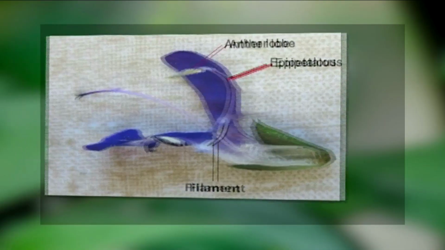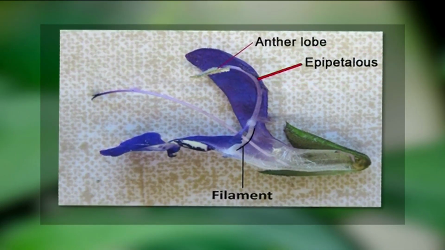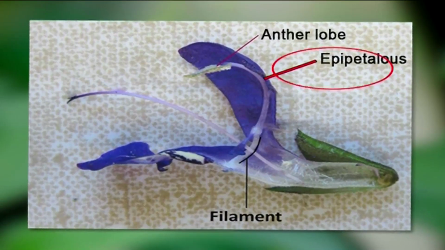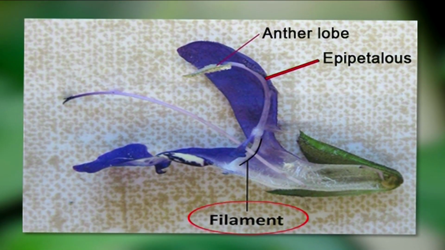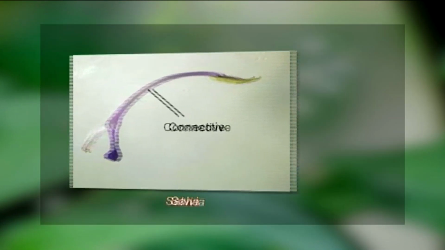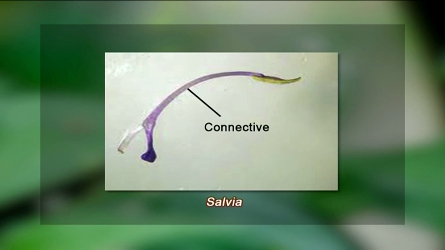The androecium is epipetalous, that means the stamens are adnate to the corolla tube. The filaments of these stamens are free, and the connective is split in the case of salvia, by which the anthers get separated.